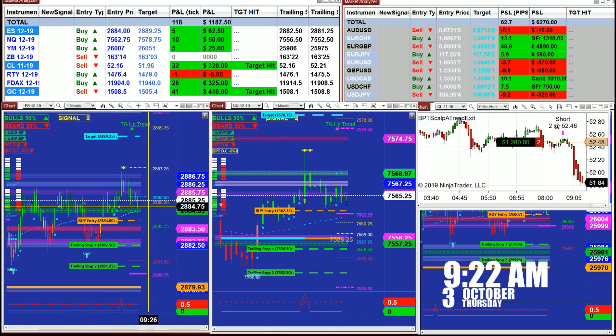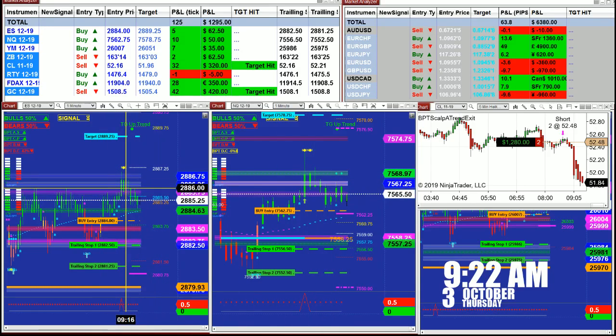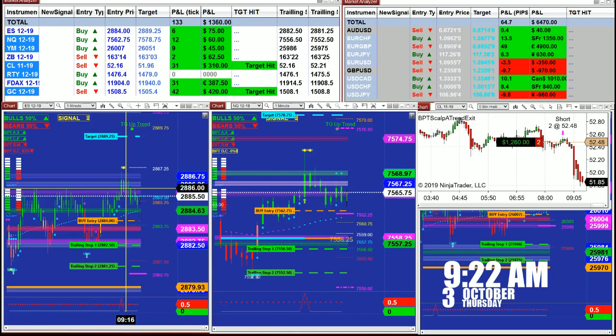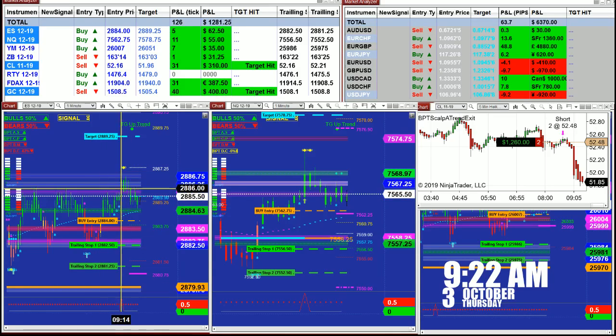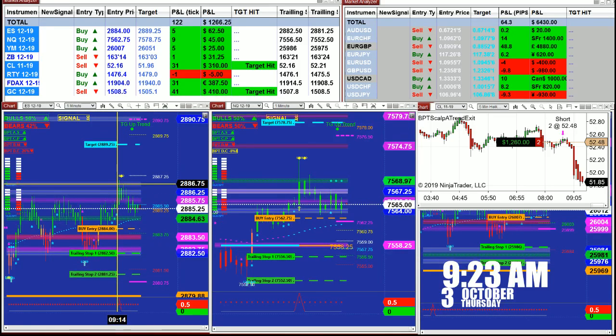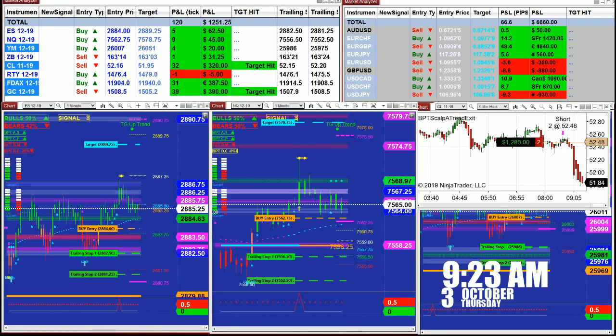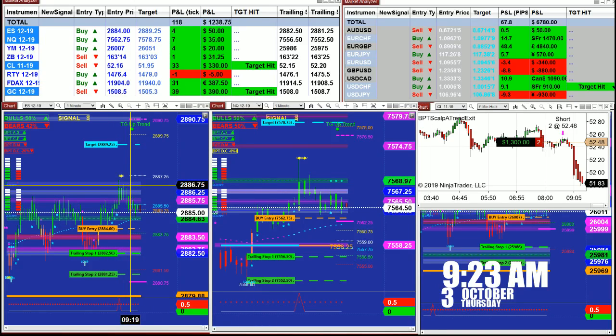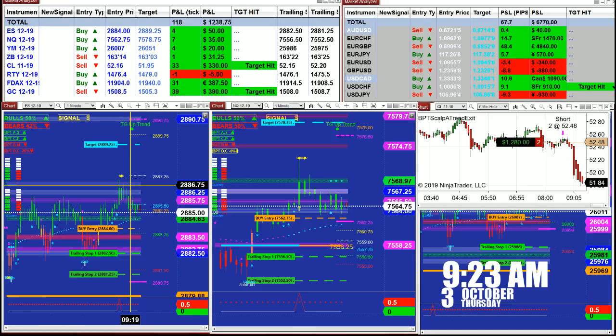So those areas on the NASDAQ and ES are extremely important because if we break them, we will have a trend in the market. If we're not able to break this area here, we are diving into a heavy chop, nasty market. So it's very important to break those areas for us today.